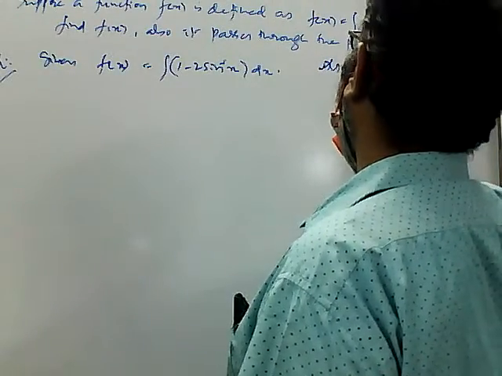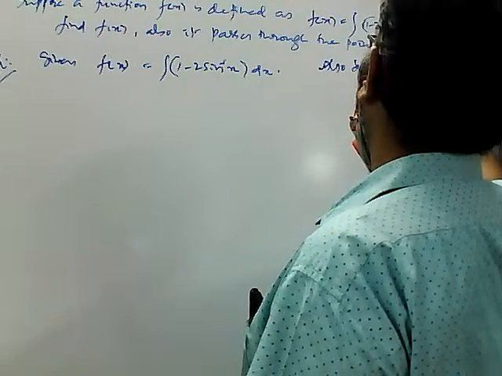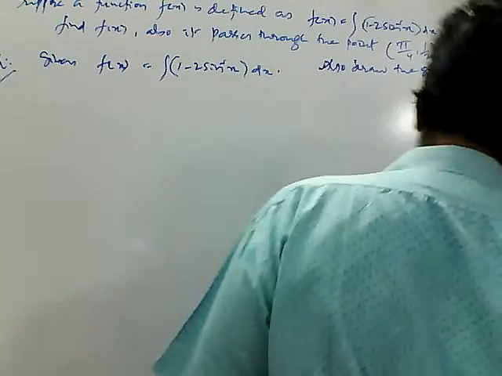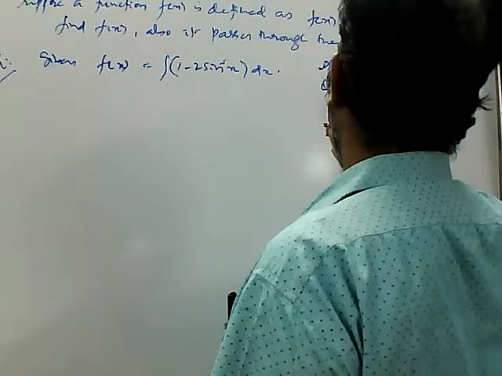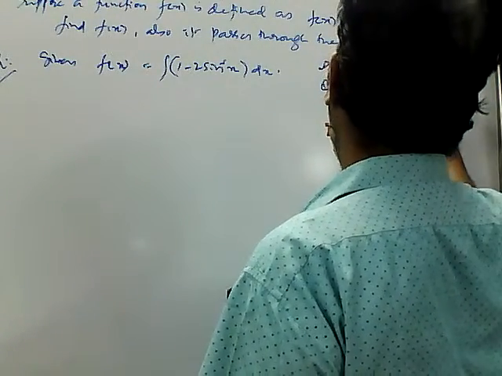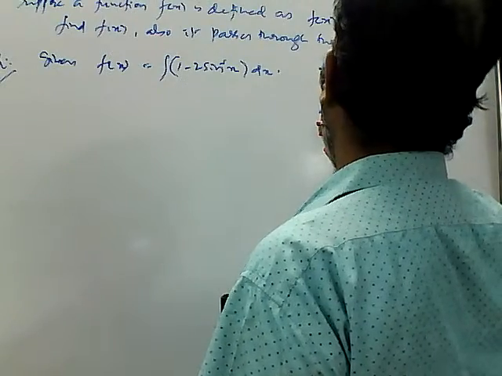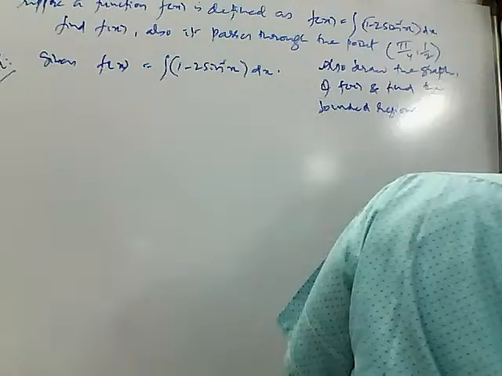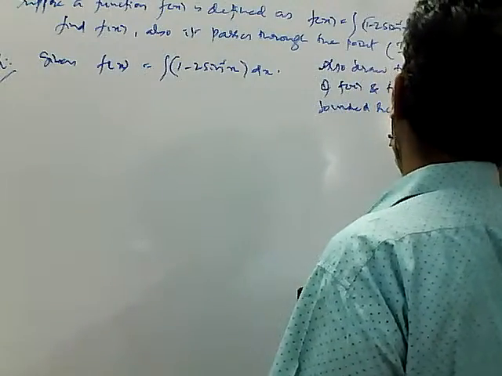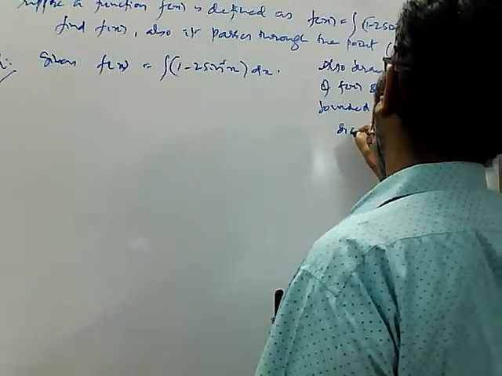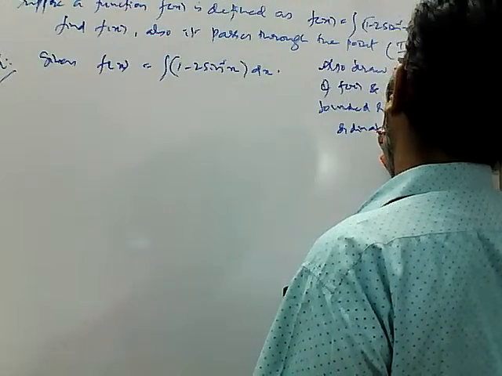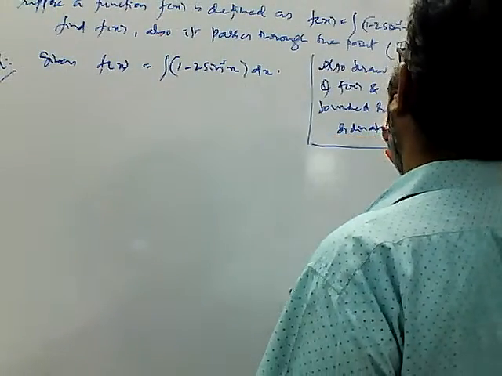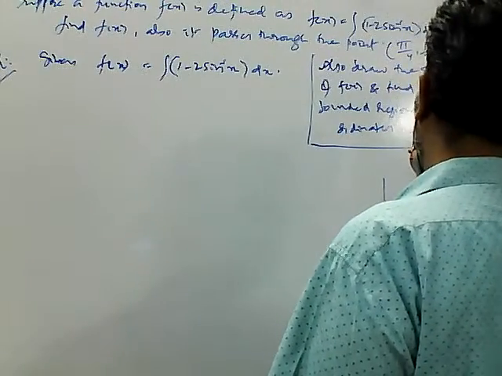Also draw the graph of f of x and find the bounded region between the ordinates x is equal to 0 and pi over 4. Now draw the graph.